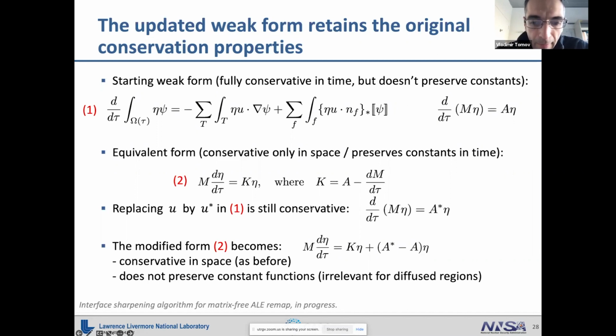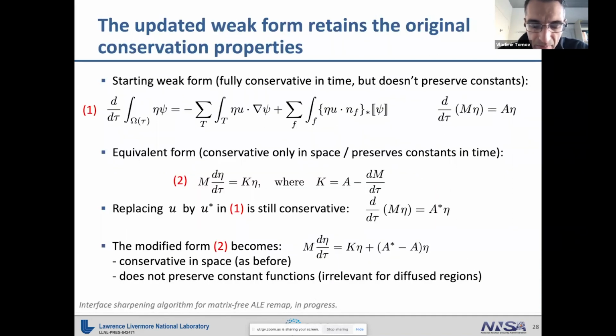So it is still conservative, but you have this A star here in the modified form. We go from this form where the mass matrix is inside to another form, it becomes like this. So basically, this correction comes down to changing the finite element operator, the advection operator on the right-hand side.